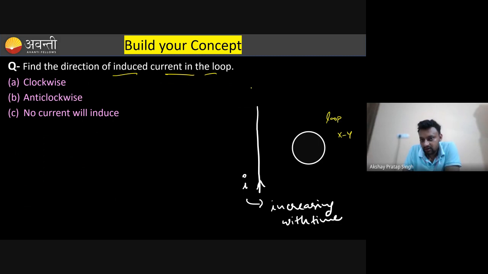The long wire is placed along the Y axis, which has a current I, and this current is increasing with time. You need to solve this question in your homework. In the next class, we will discuss it.